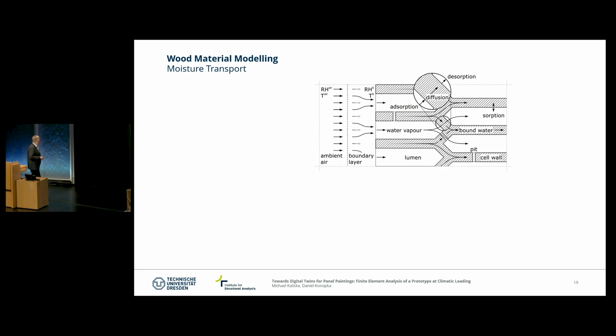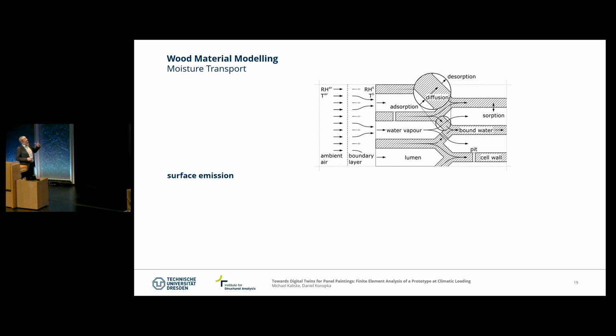So in order to be able to describe the moisture-dependent properties in the material in a proper sense, we need to know exactly what is the current moisture content in our material. Therefore, the diffusion and the exchange with the environment has to be modeled properly.